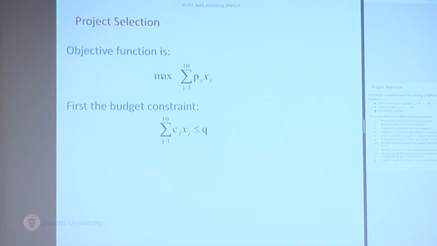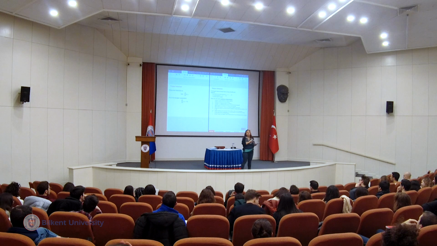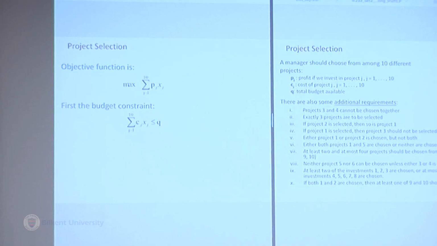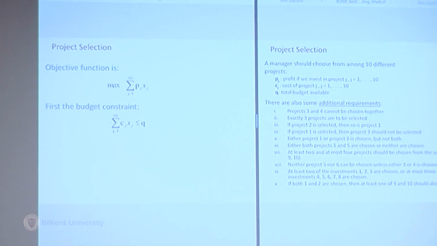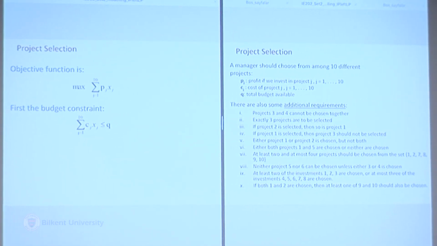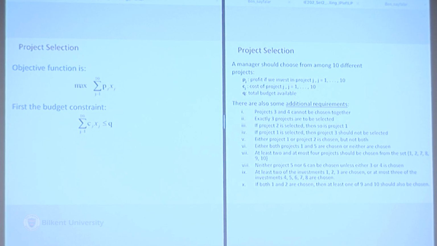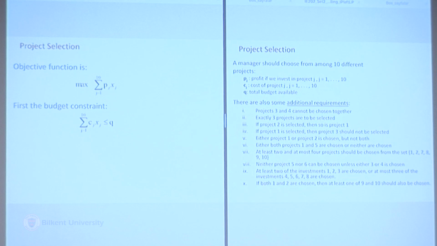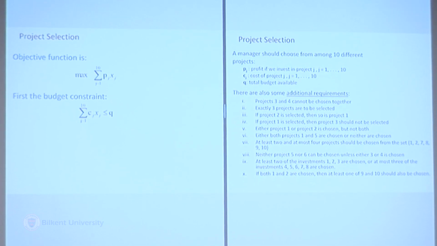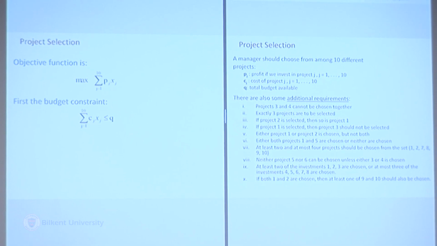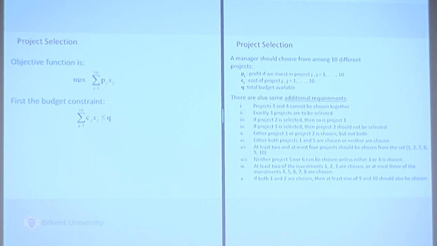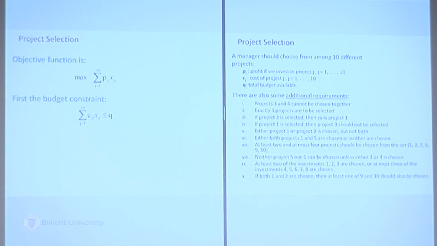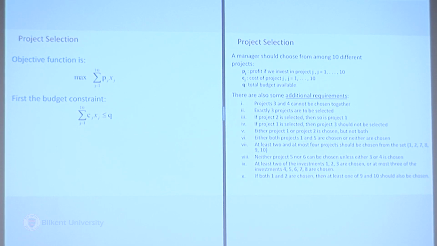But now remember, we have many other things going on. Requirements from 1 to 10. So step by step, we will write constraints so that we represent all our environment in our selection process. This time our environment has many things. You cannot choose 3 and 4 together. All right, what else? If you choose, you have to choose exactly 3 projects. Okay, what else? If you choose project 2, then you have to choose project 1 too.